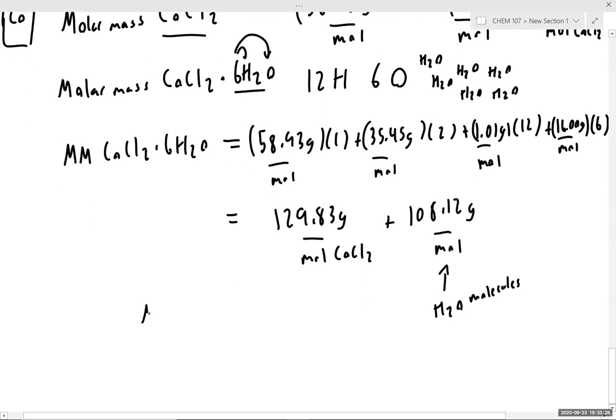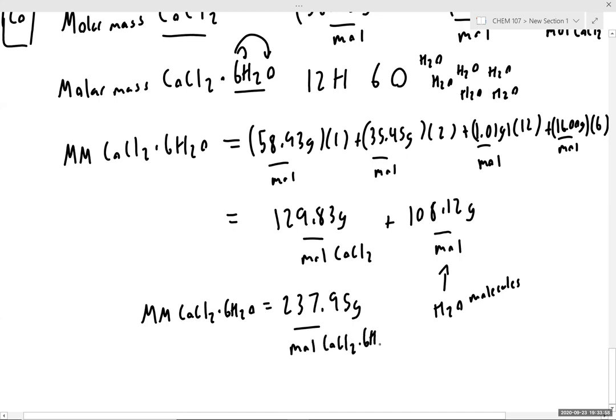So in turn, we have a total molar mass of our hydrate equal to 237.95 gram per mole of our hydrate.